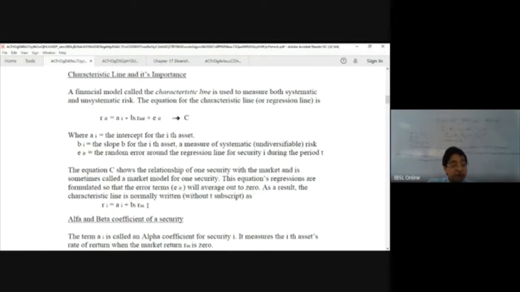That's what we call S&P 20. Now, those indices represent the market. Therefore, the market return means the return represented by those indices.